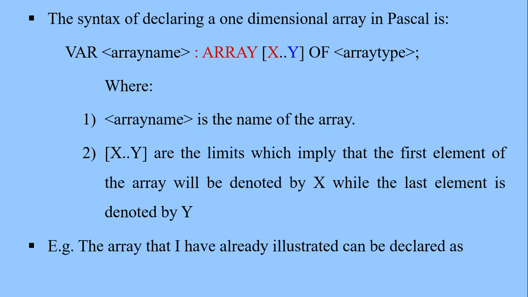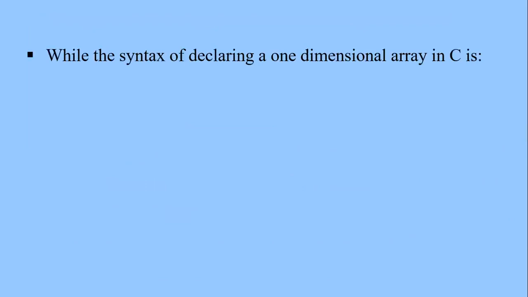For example, the array that I have already illustrated can be declared as var scores, the array name is scores, then array 1 to 7 of integer. While the syntax for declaring a one-dimensional array in C is data type, then array name, and we enclose the size in square brackets.